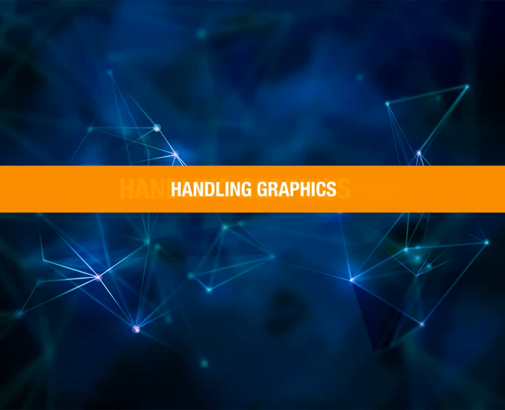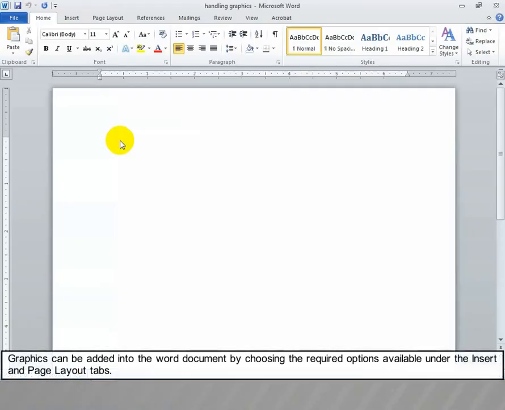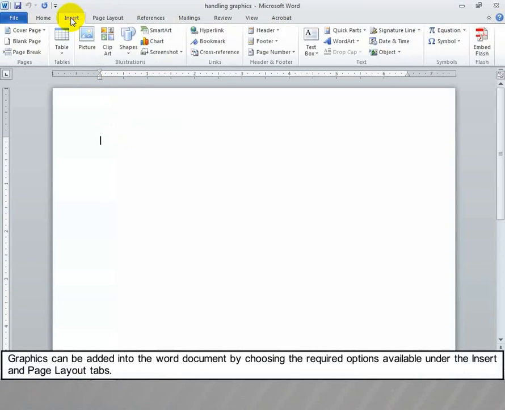Handling graphics. Let us see the function of handling graphics. Graphics can be added into the Word document by choosing the required options available under the Insert and Page Layout tabs.